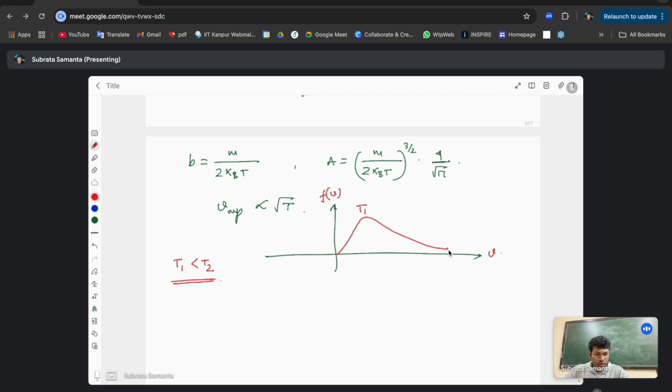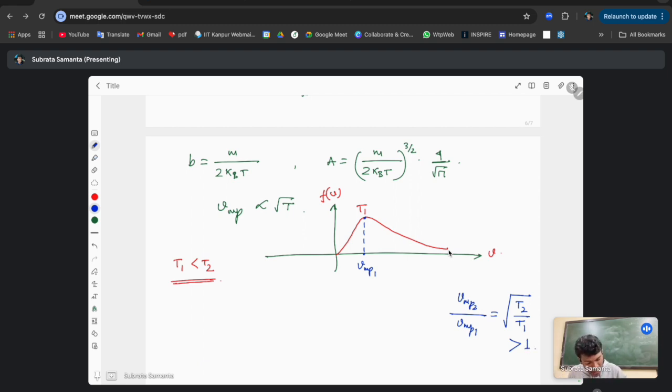First check whether v MP is large or small when T2 is greater than T1. Let's say for the T1 curve, v MP is somewhere here, so let's say v MP1. For the T2 case, if we check the ratio, v MP2 over v MP1 is the square root of T2 over T1, which is greater than 1 because T2 is greater than T1.